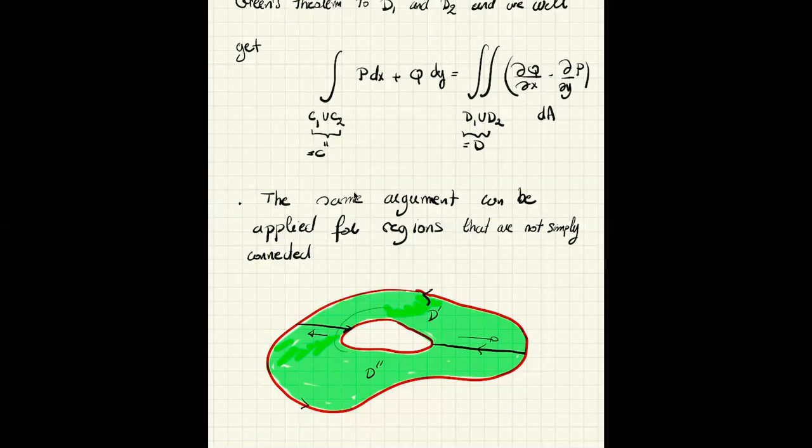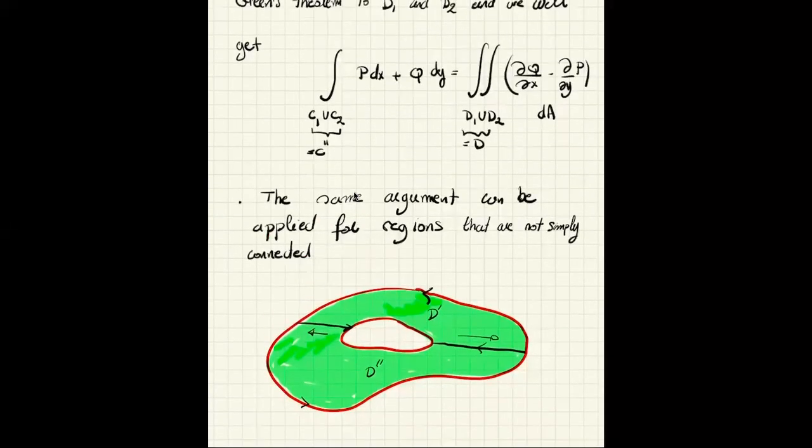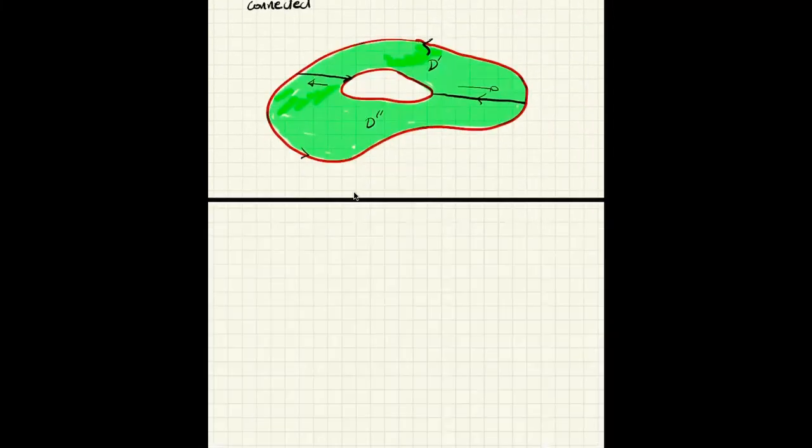D prime has no hole, and D double prime has no hole, so I can apply Green's theorem to each one of them. When you apply Green's theorem to this side and this side and then add them, because of the orientation, where you went in and then went backward, they cancel out.